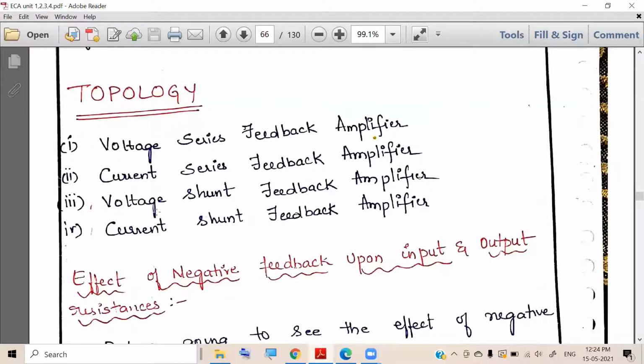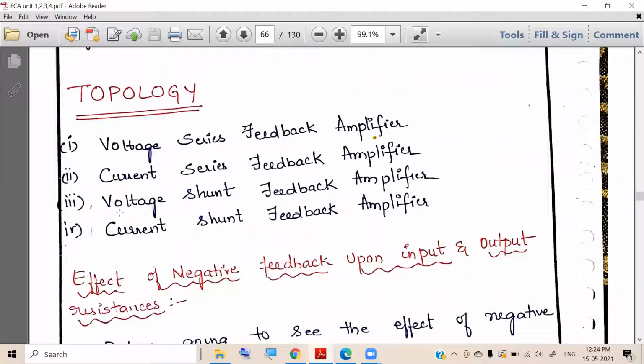Can anybody tell me what will be the input and output resistance for the case of voltage shunt feedback amplifier? Voltage means, you remember, a voltmeter we always connect in parallel.